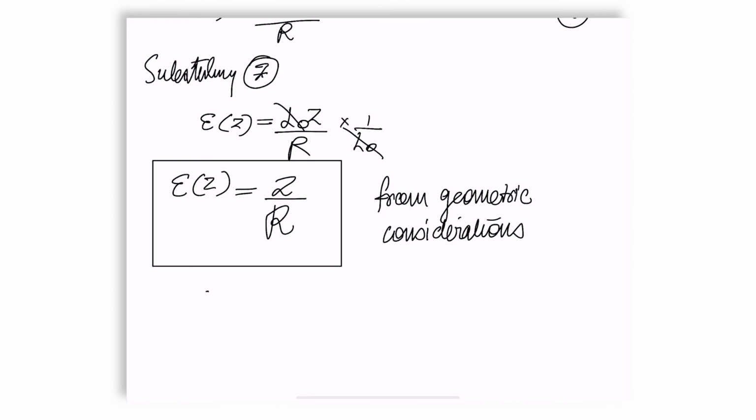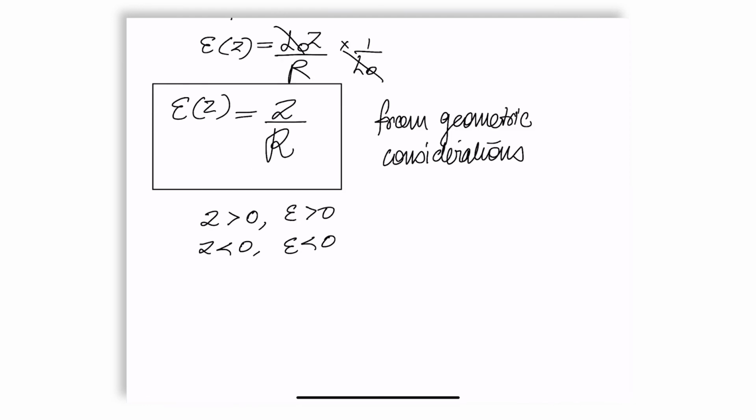The equation also allows us to see what we could have probably intuited, which is that when Z is greater than 0, positive, epsilon is also greater than 0, and when Z is less than 0, epsilon is also less than 0.